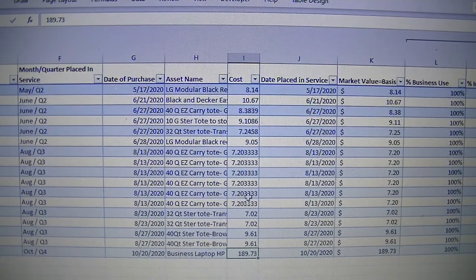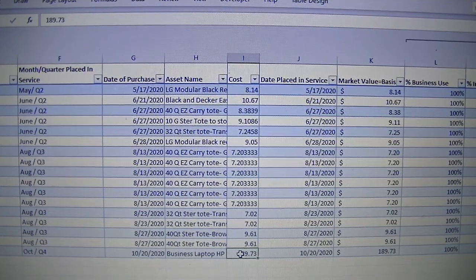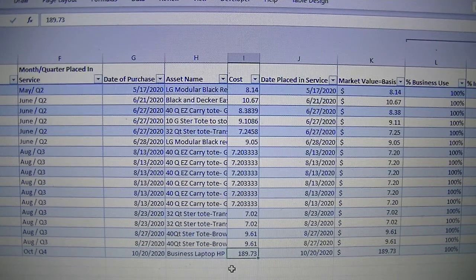So in this example, $318 is the total of assets placed in service in 2020, and assets placed in service during the last quarter of the year is 189, which is clearly well over 40%.